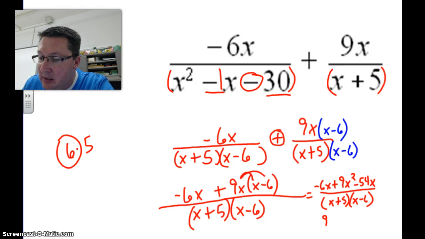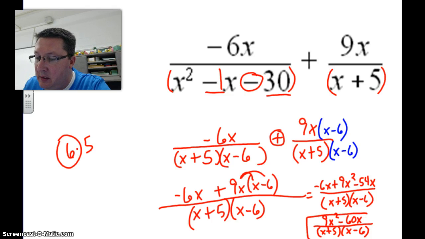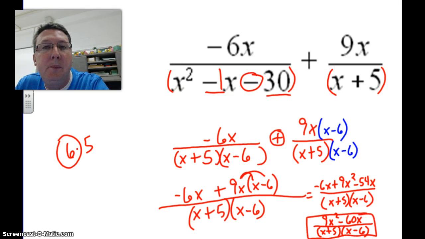So I'm going to rewrite this in order. That's 9x squared. Negative 6x and negative 54x is negative 60x, all over that stuff. X plus 5 times x minus 6. That is your final answer.